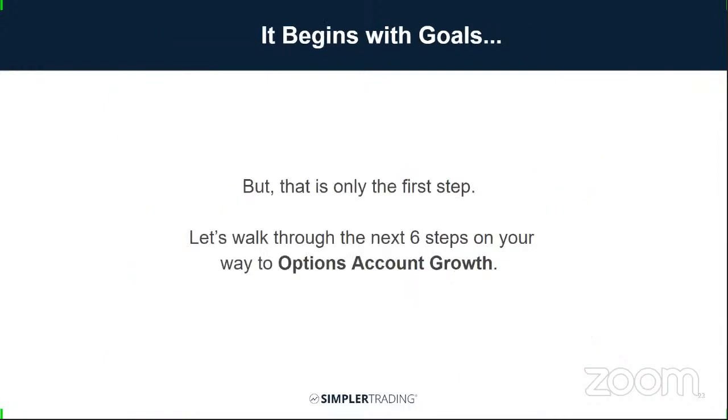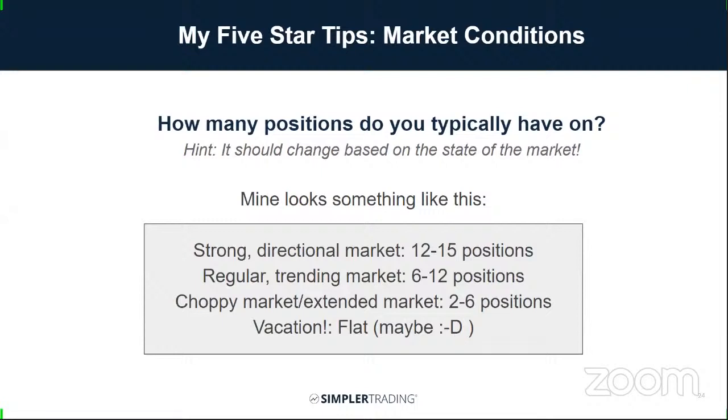So, if you start off with your goals and you know where you're going, the next step is looking at market conditions and how much you actually like to trade. For me, this is what it looks like, okay? In a strong directional market, because I am a directional trader, I'll typically have 12 to 15 positions on.